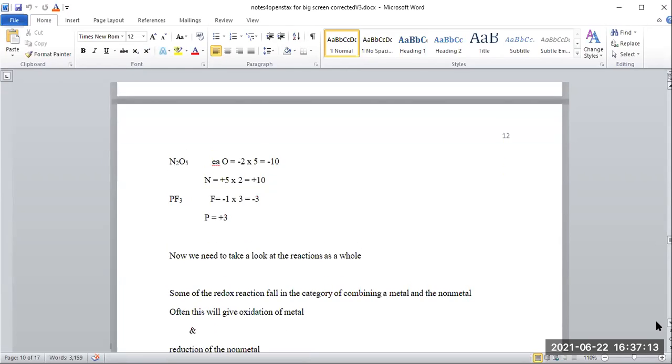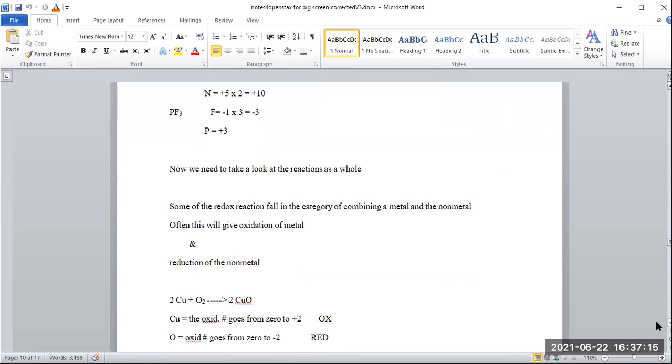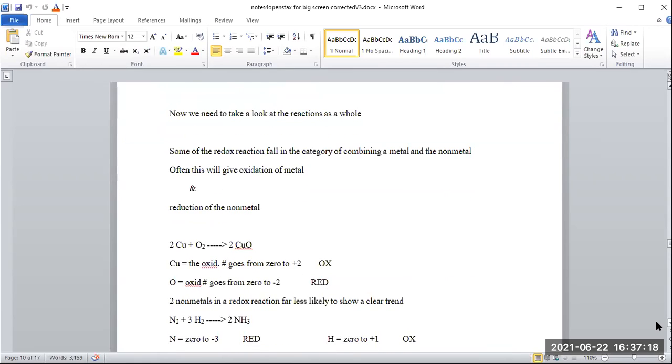Now we need to start applying those rules for the reactions. You will often, not always, see that when you make a metal and a non-metal react, a fair chunk of the time, the metal is the one that gets oxidized and the non-metal is the one that gets reduced.